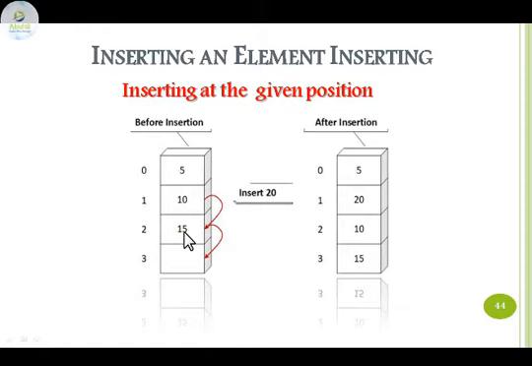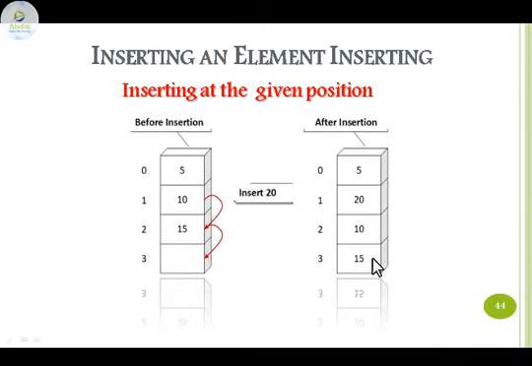Then the first value that needs to be shifted is 15 at position 3. That is, the last element should be shifted to the next position. Then the next element, that is 10, needs to be shifted to 2. Then you will get this place vacant. Then 20 can be inserted. So after insertion, you will see the array as 5, 20, 10 and 15.